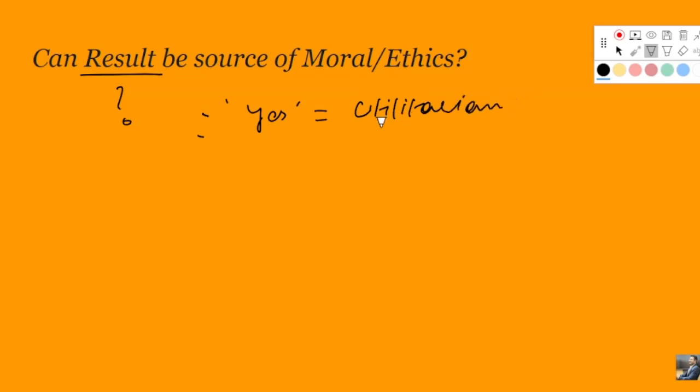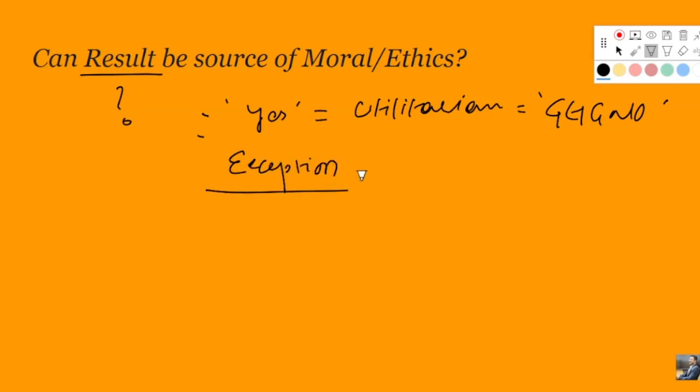They will always propound the idea that yes, result can be a source of ethics or morality. Why? Because it will be decided on the basis of greatest happiness of greatest number. If there is greatest happiness of greatest number, then those particular actions are bound to be considered ethical or moral, right? But there is always an exception.